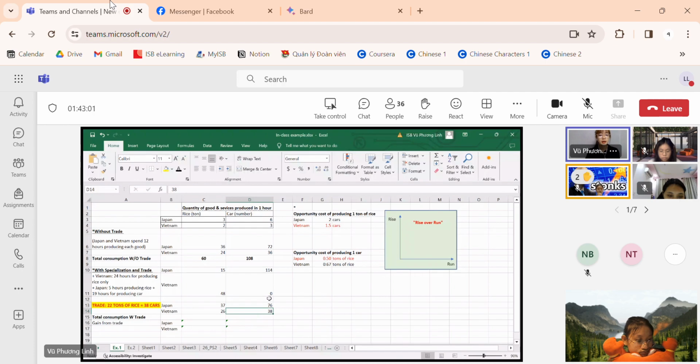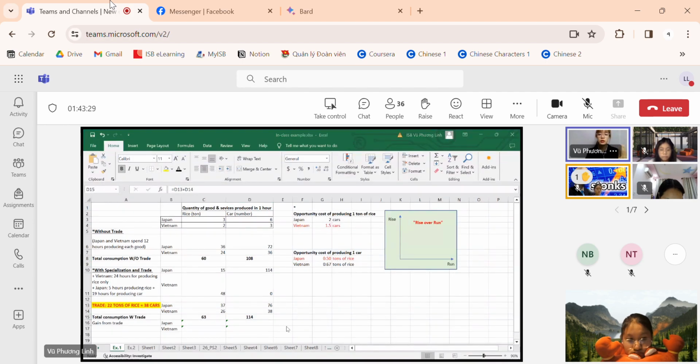Okay, very good. So you can see that given Thảo's answer, this is the total of rice and cars that people in Japan and Vietnam can consume. If you sum up the two numbers, we can see that now people in both countries can consume more tons of rice than before and more cars than before.